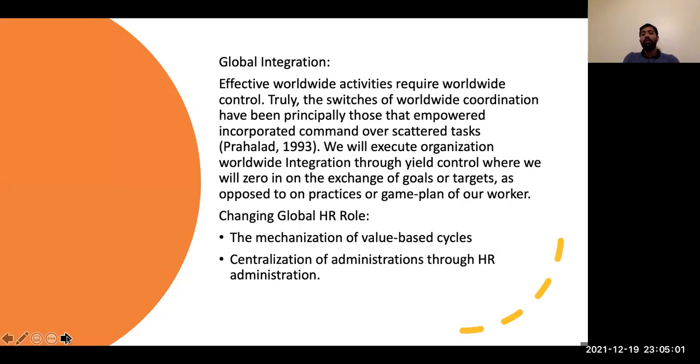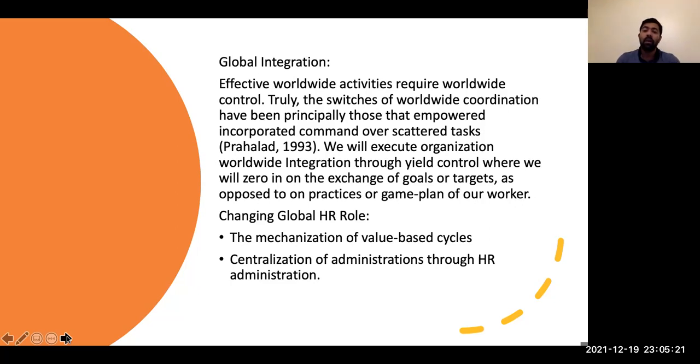The next point is global integration. Effective worldwide activities require worldwide control. Truly, the switches of worldwide coordination have been principally those that empowered integrated command over scattered tasks, according to Fairland in 1993.